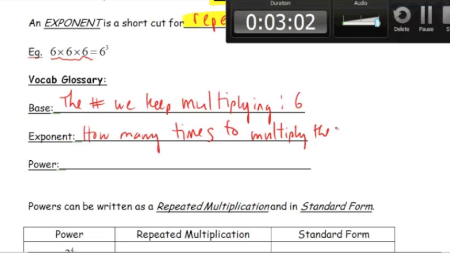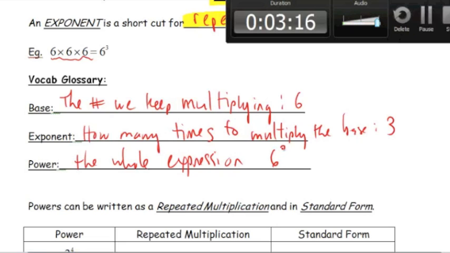In our above example, that's going to be the 3. And the power is just the whole expression. In our above example, the power is the entire expression with the base and the exponent, or 6 to the power of 3.